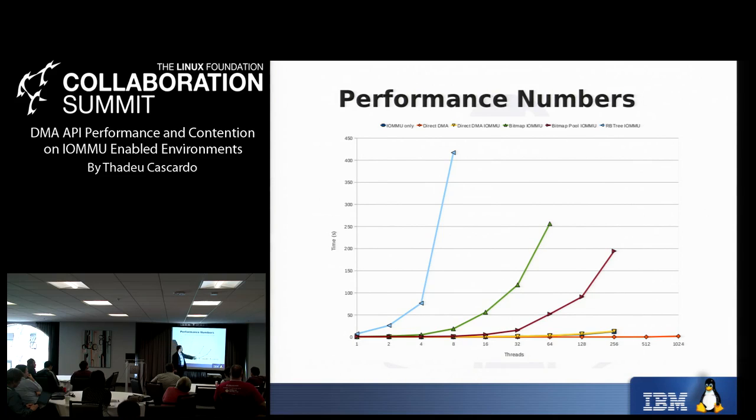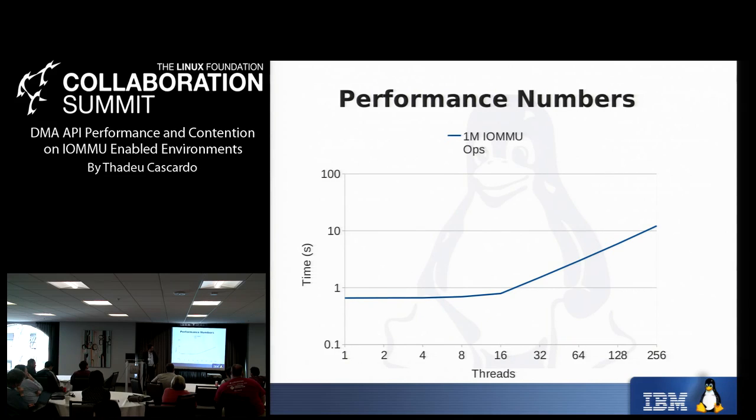And those other ones are basically direct access. It grows a little because I'm using more threads than cores, so we still have some serialization.